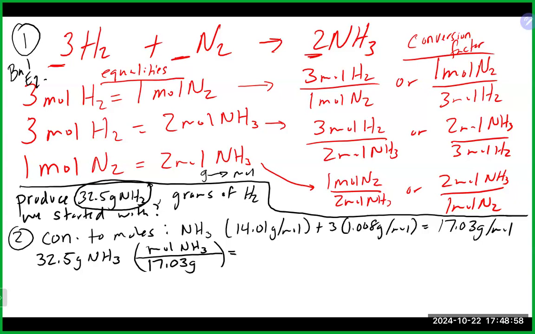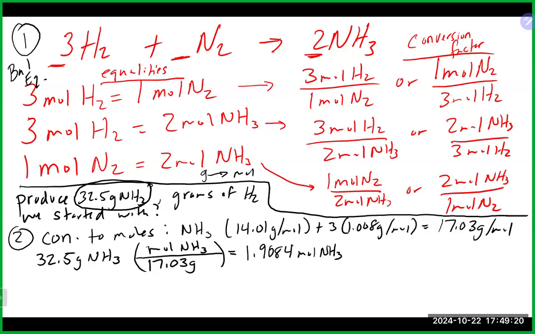You don't necessarily have to get an answer at this point, but I will, since we're looking at it in steps. I'm going to take 32.5 divided by 17.03, and I'm not going to round too much here: 1.9084 moles of NH3.